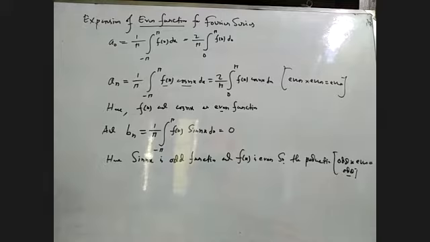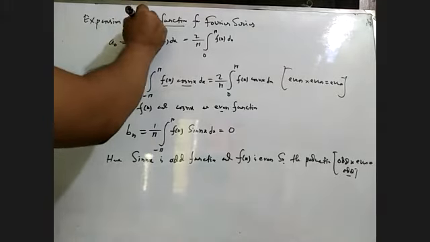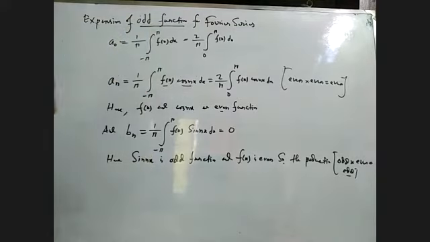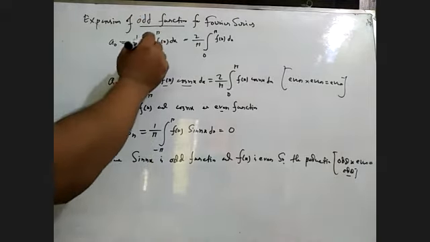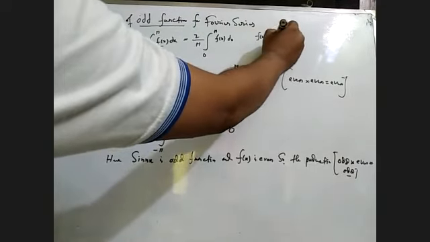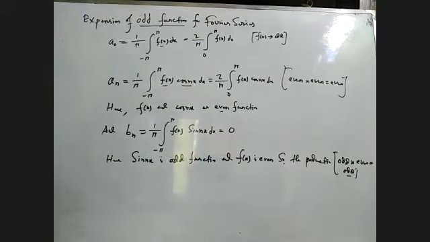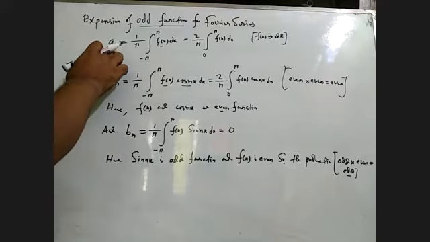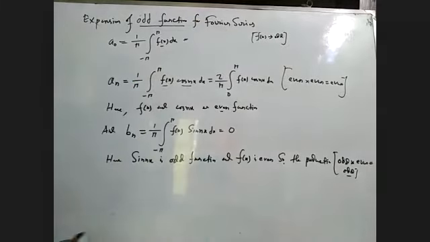Now for the other one, the expansion of an odd function for Fourier series. You must know, if f of x is an odd function, then a naught will be 0 by the definition of an odd function.